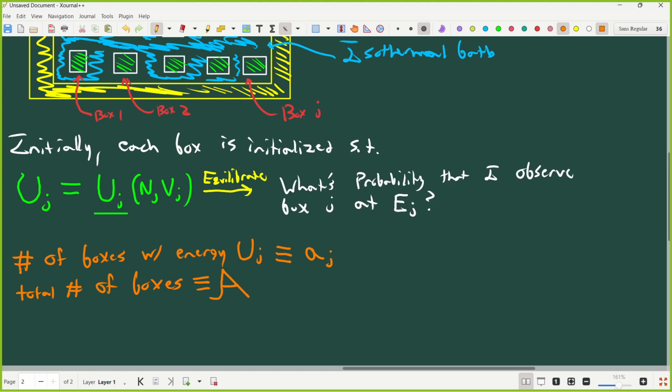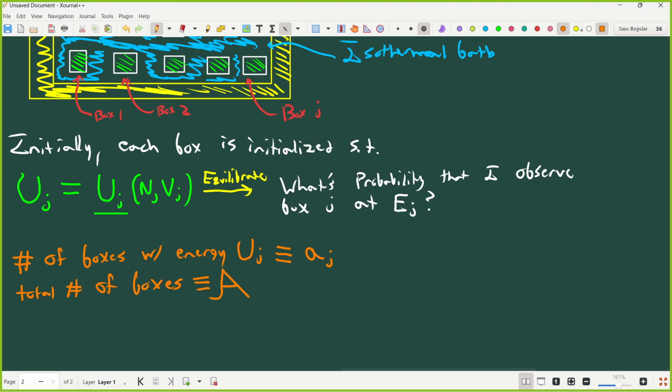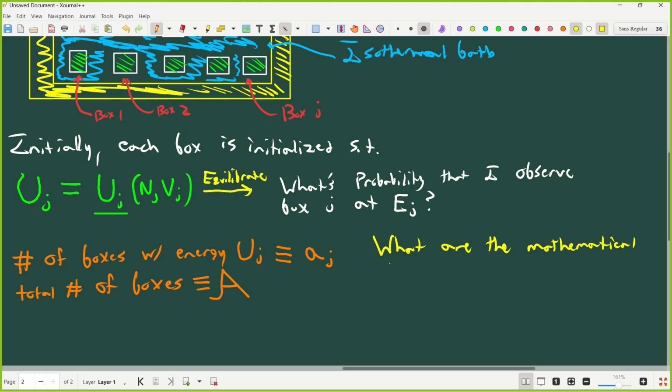The question may be, what is the ratio of boxes that have one energy versus the boxes that have a different energy? So what if we think about not necessarily a formula for A sub j, but rather the mathematical properties of the ratio of these numbers?